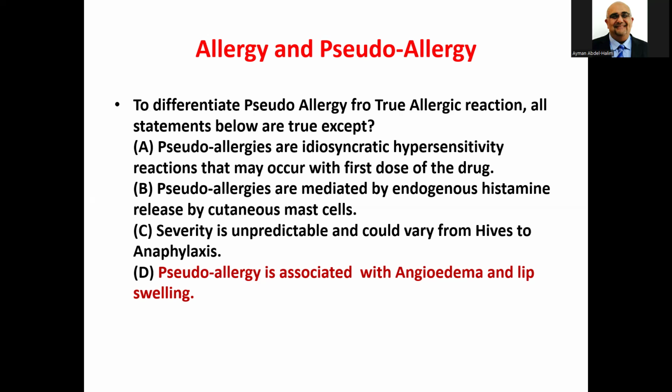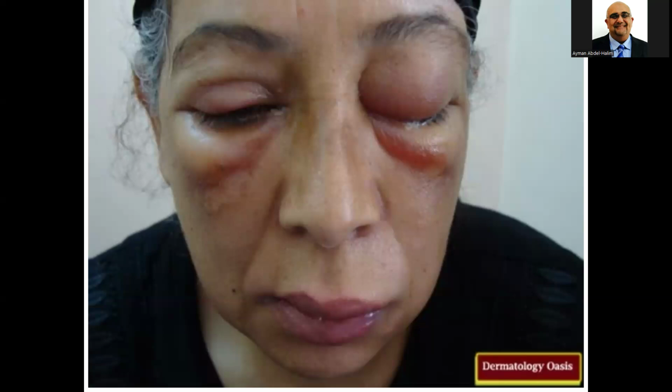So if you see lip swelling, this is probably a true allergic reaction. Otherwise, sometimes it's very difficult to make a distinction between the two. Of course, in this situation, you have to give epinephrine.